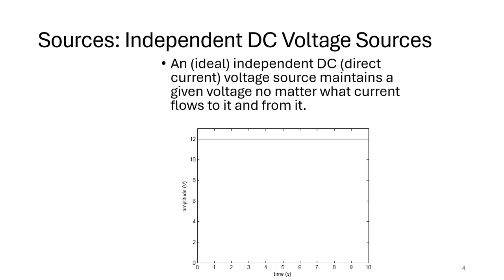So let's say I have a 12 volt voltage source. At any given instant in time in which I check, so it could be at 1 second, 2 seconds, 3 seconds, so on and so forth, if it's a 12 volt source, then I expect to get exactly 12 volts coming out of that source forever and ever.